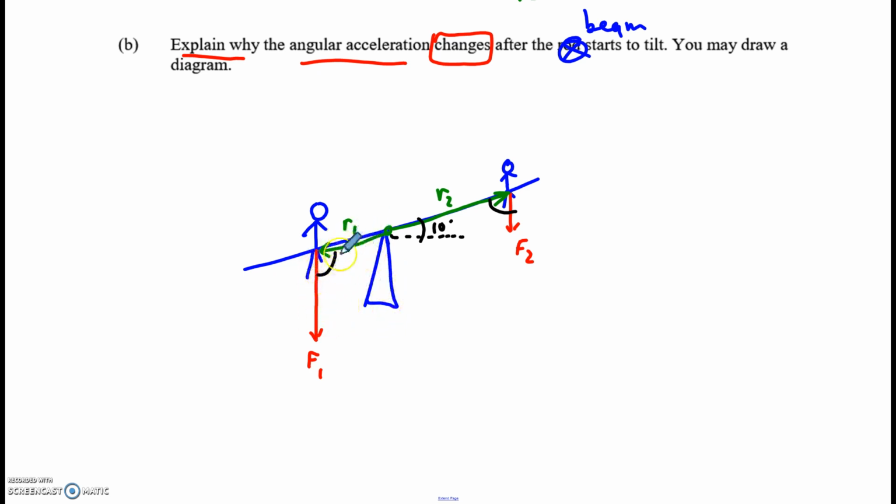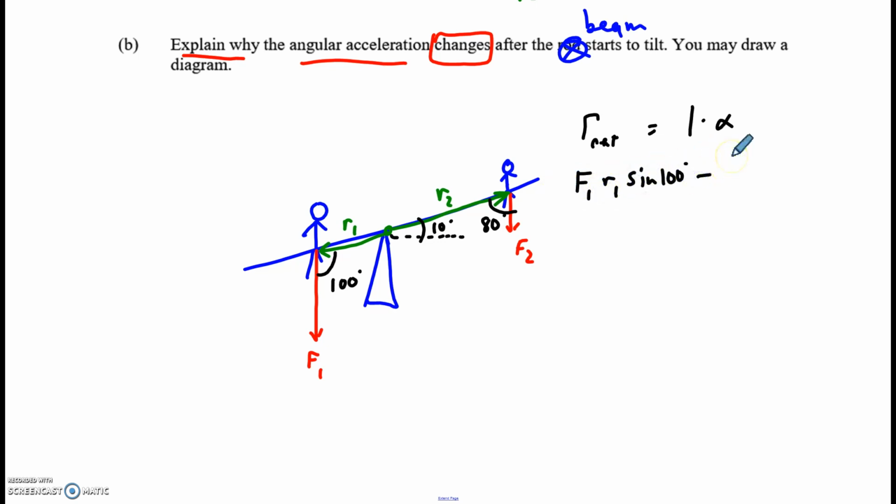Well, this is more than 90 degrees. How much more? 10 degrees more than 90. And the kid's theta is 10 degrees less than 90. So when you go to calculate the new acceleration, net torque, this is Newton's second law, equals I alpha, you will plug in F1, the same F1, R1, the same R1, sine 100.